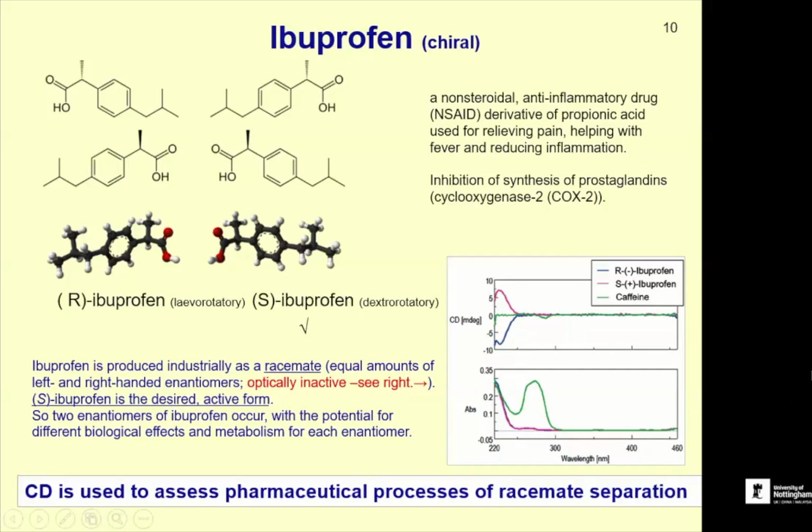So CD can be used to monitor it, but the actual process of separating them, anyone know how you would do that? With another chiral molecule? Yeah, possibly. How would you develop that? How would you separate the two isomers? You're right. Do you know how you would do it in detail?